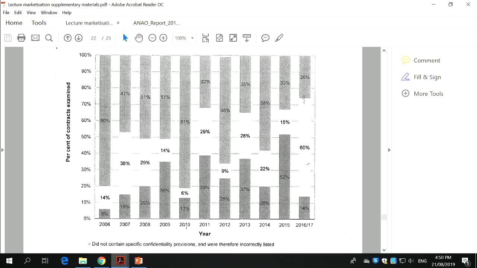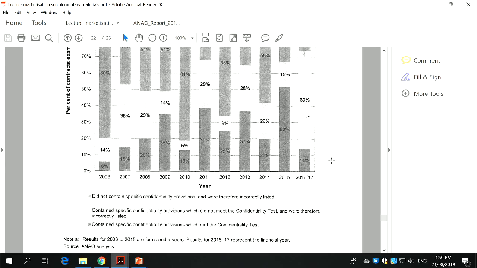You can see the ANAO undertakes audits every year, because this is a huge issue. It's important to make sure that the provision is properly applied and there is transparency.